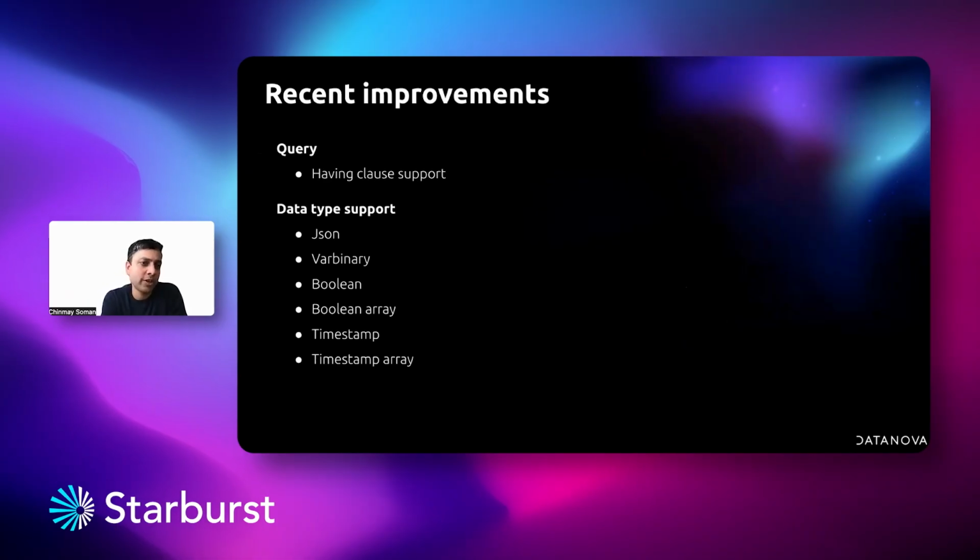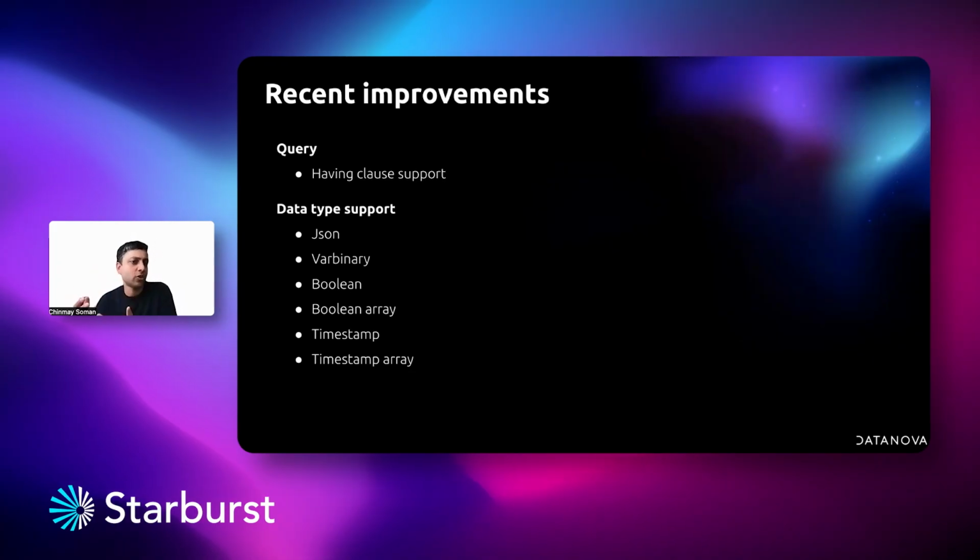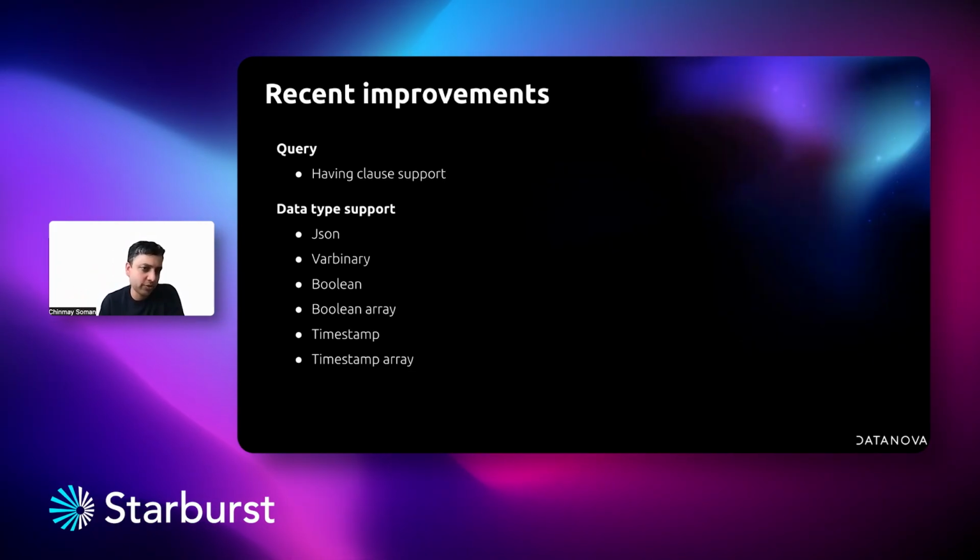Also, new data types are now supported through this connector, namely JSON, which is great for ad hoc JSON processing, so you can have JSON columns in your input data source and then directly query them through Trino and Pinot. And then other things like binary, which translates to bytes in Pinot, Boolean, timestamp, and the corresponding array types as well.